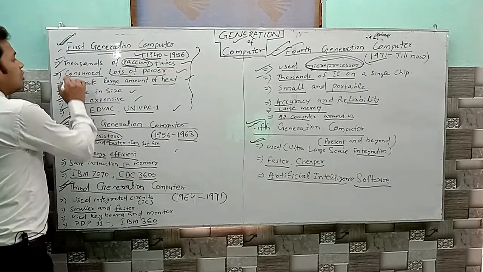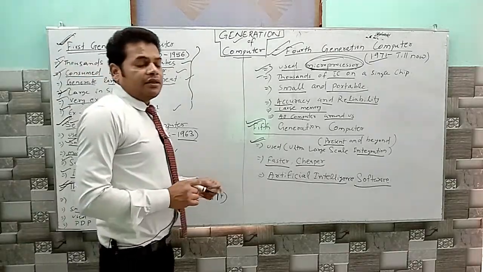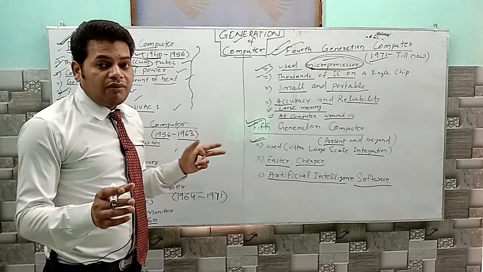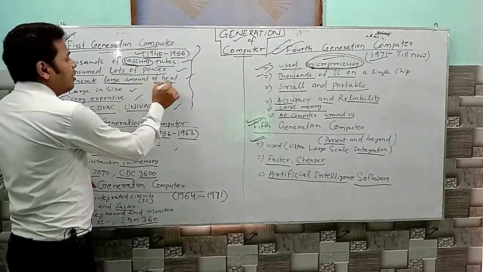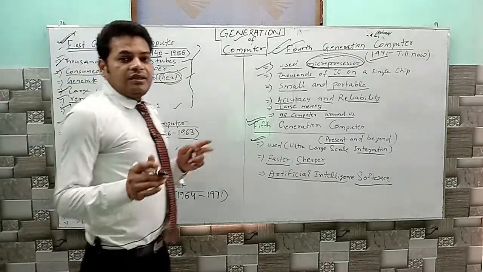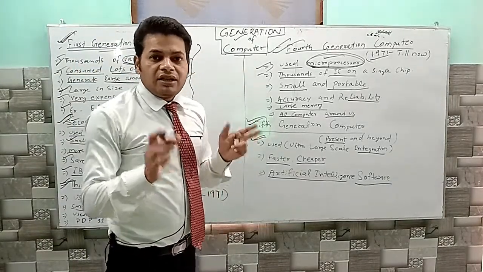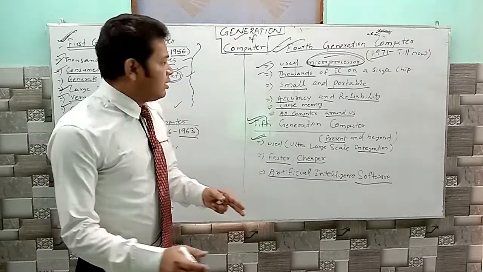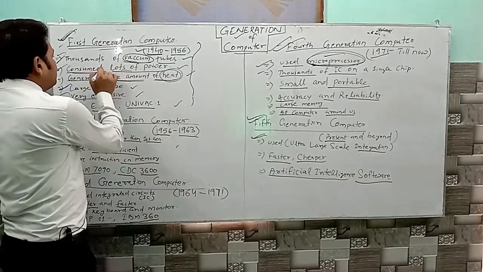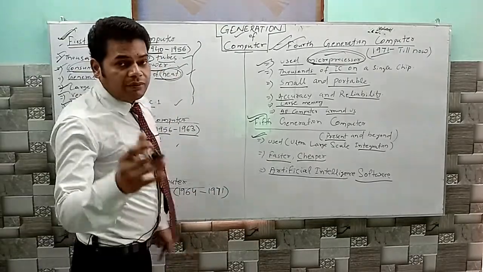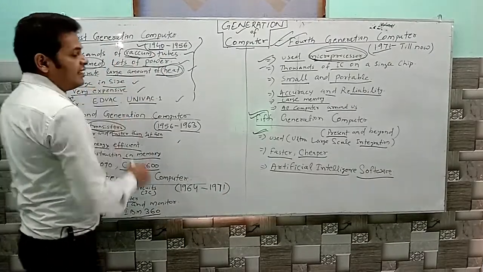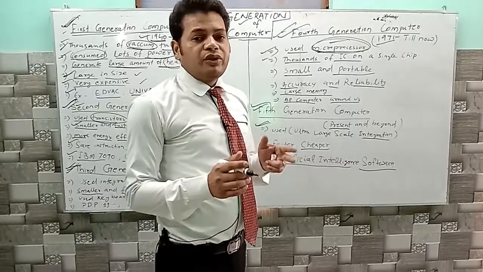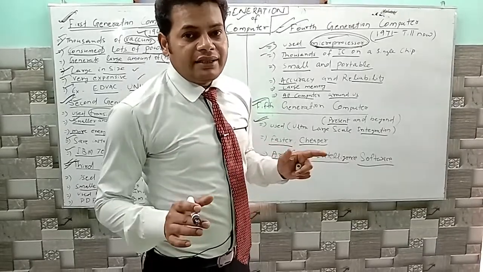It consumed lots of power, so it got a large amount of heat due to the consumption of lots of power. Then it was large in size; the size of the computer was very large.